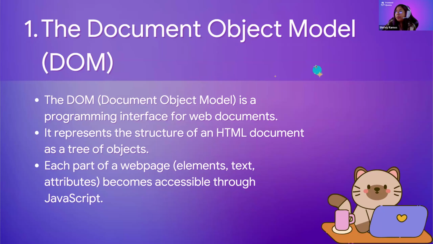So the DOM, the document object model, is a programming interface for web documents, but we can also say that this document is a tree of nodes. It has inside elements, attributes, text, and a lot of elements that we will find in the HTML document, where each part of the document is a node, and that can be accessed and modified using JavaScript. That's why it's really important.